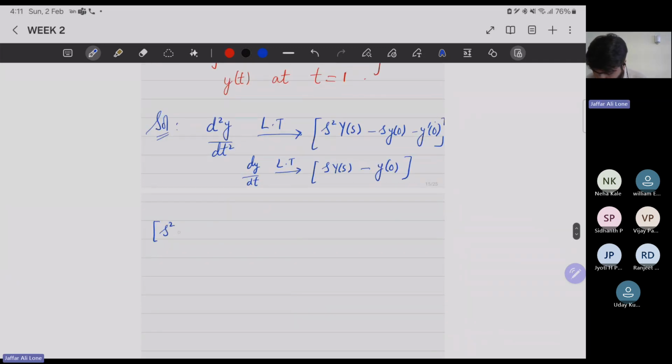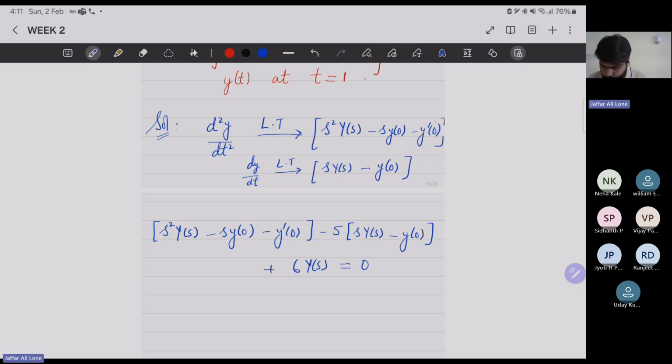We will get s squared Y(s) minus s into y naught minus y dash at 0, minus 5 into (s Y(s) minus y0), plus 6 Y(s) is equal to 0.